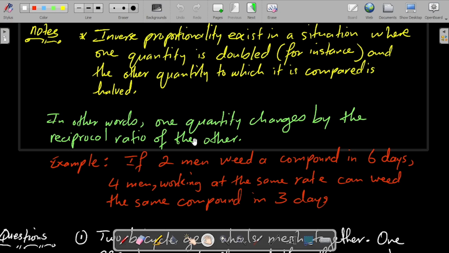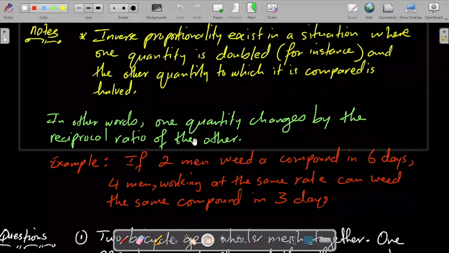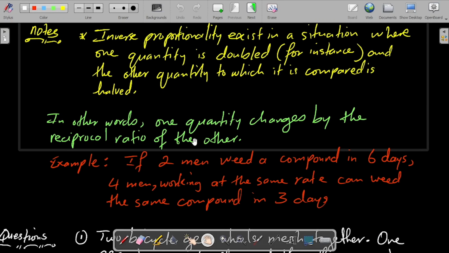So it's different from direct variation. For example, if you want to bake a cake, let's say you use 400 grams of raisins to bake one black cake. Now to bake 2 black cakes, you would need more raisins, right? So that's direct proportionality. As the amount of raisins increases, the amount of cake you get would also increase, provided all other ingredients increase as well.